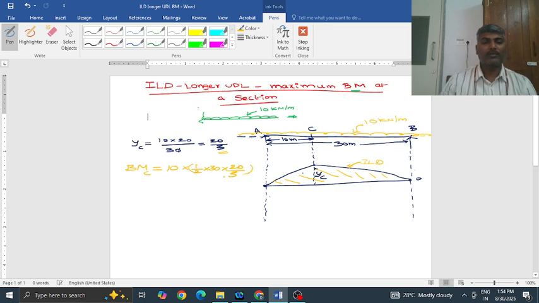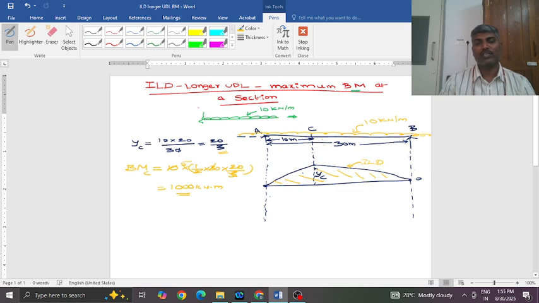Now simplifying this, it is 1000 kilonewton meter, the bending moment value at C. This is the maximum possible bending moment in this girder because of this 10 kilonewton per meter load, at section C only.